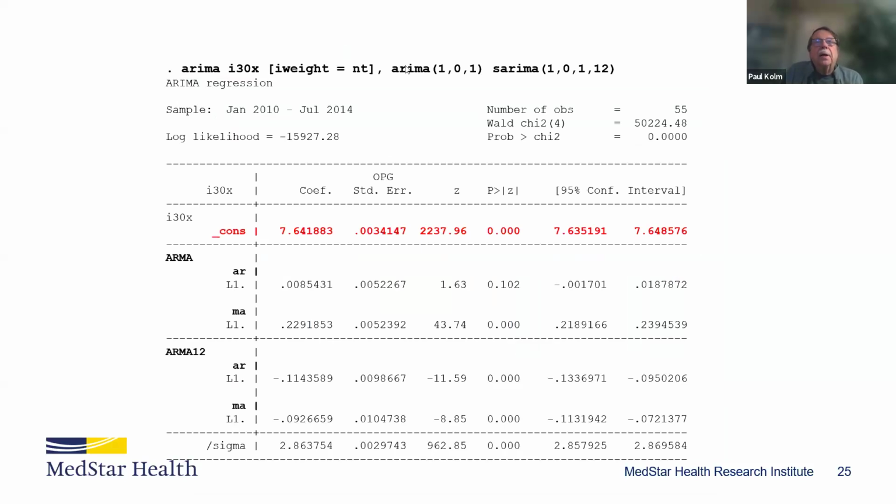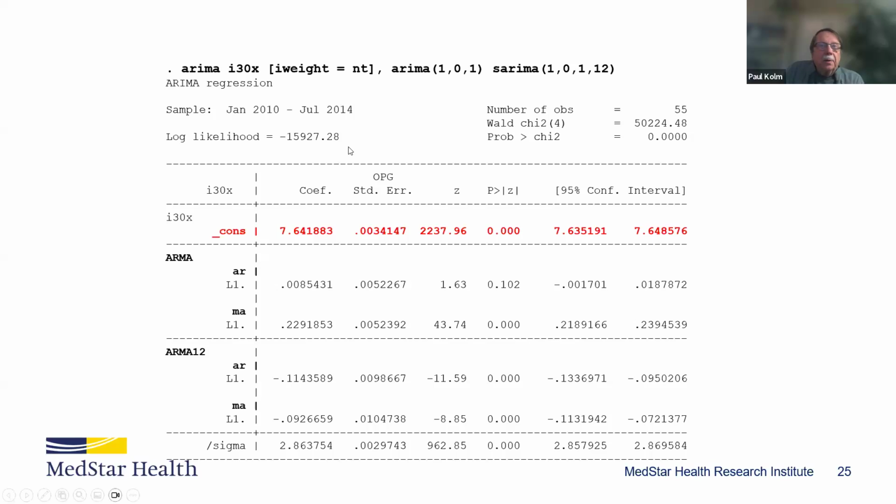There's an ARMA component where we have the autoregressive and the moving average, but we've left out the differencing or the integrated part. And then we've also included here a seasonal component, which is the same, where we have the autoregressive and the moving average part, and then we're going to say that there's a 12-month cycle to this.